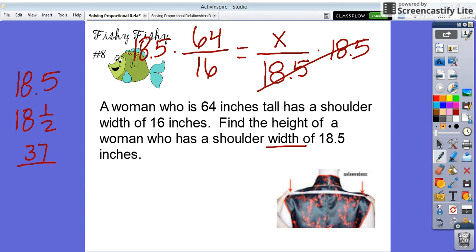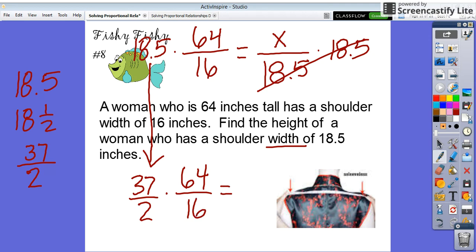And how do I know what denominator to use? I just keep the same one. So this 18 and 1/2 is going to drop down and become 37 over 2. And I can just keep the other fraction the exact same. We're going to equal it out, and we're all setting it equal to x, like I said before.